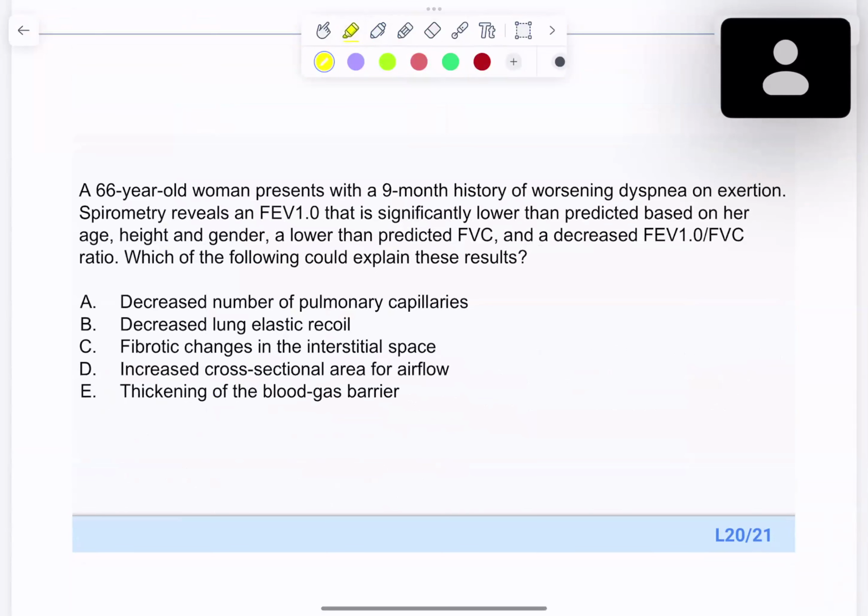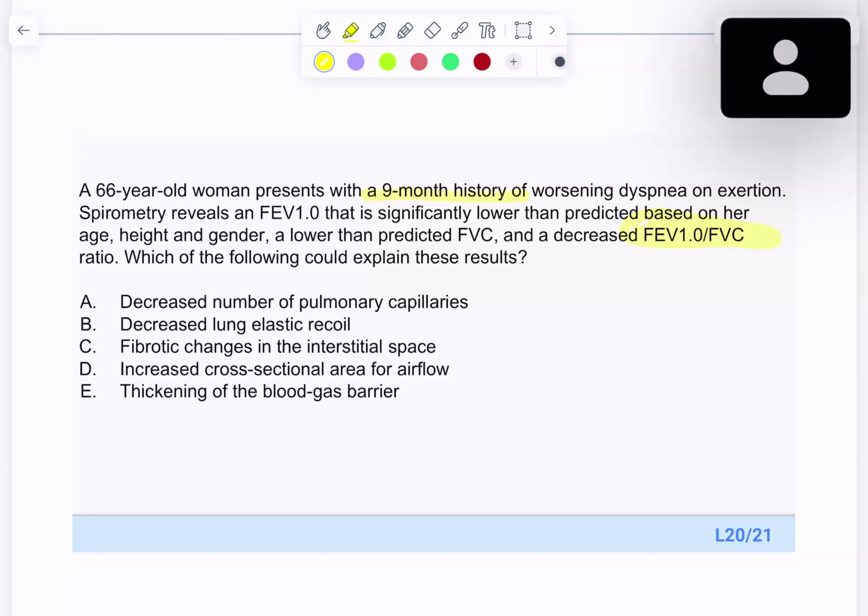Next question. A 66-year-old woman presents with a 9-month history of worsening dyspnea on exertion. Spirometry reveals an FEV1 that is significantly lower than predicted based on her age, height, and gender, and a lower than predicted FVC. A decreased ratio of FEV1 to FVC. Which of the following can explain these results?